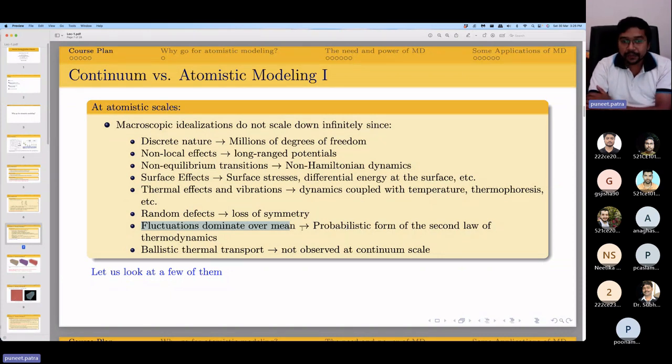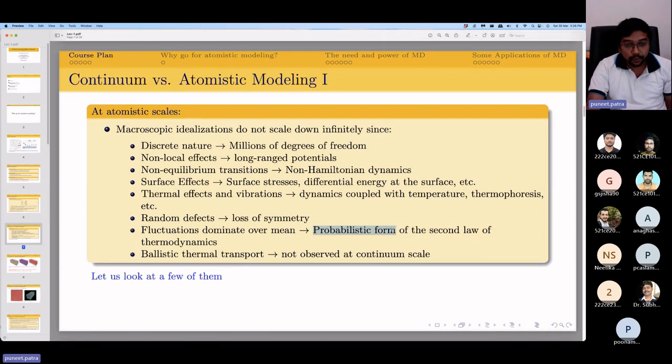Since fluctuations dominate over the mean at atomistic scale level, the usual interpretation of the second law needs to be modified, and now it takes a probabilistic form instead of a deterministic form.